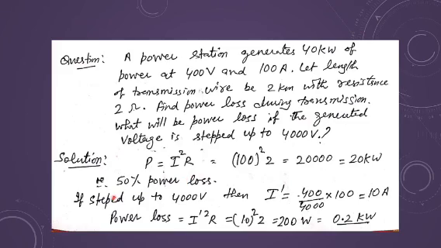Now if I step up to 4000 volts, then current, because input power equals output power, you can write the formula EP IP equals ES IS. If you want to write that formula, of course you can write.